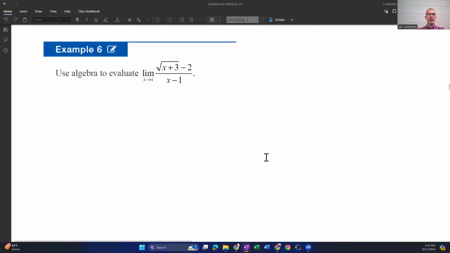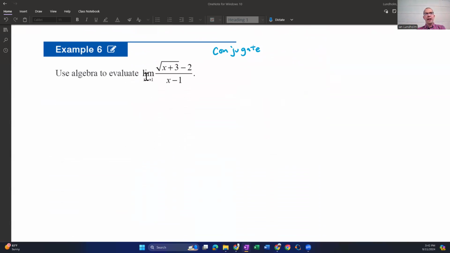Example 6 is another algebra trick where we use what's called the conjugate. So I'll go ahead and write that word, conjugate. We use this when we see a square root in the top or possibly the bottom that's causing some issue.